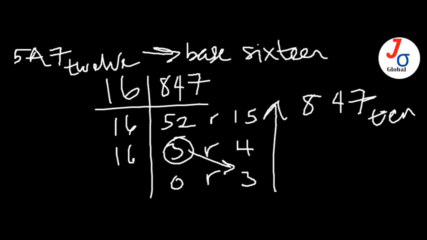So we count that from bottom to top. And so what you have is 3, 4, 1, 5. But we only have 15 in base 16, which is actually, A is 10, B is 11, C is 12, D is 13, E is 14, F is 15.